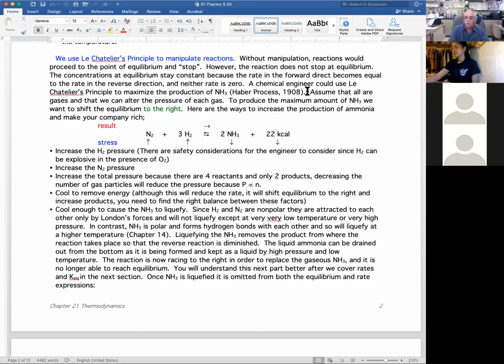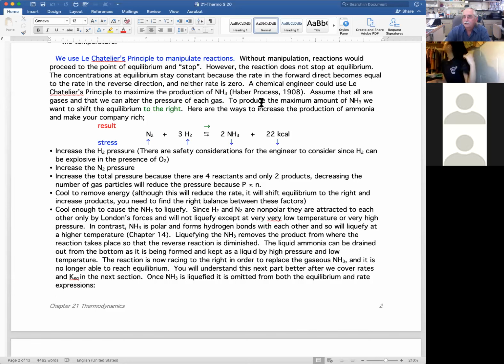So why is this important? Ammonia is used in manufacturing. The most important use of ammonia is just a way to get nitrogen into plants. It's a fertilizer. Okay. So one of the most important fertilizers is ammonium nitrate because it gets both 2 chemical forms of nitrogen into the soil.